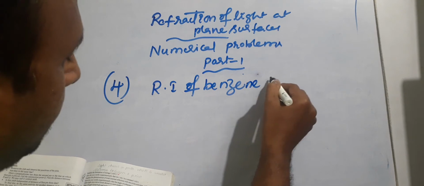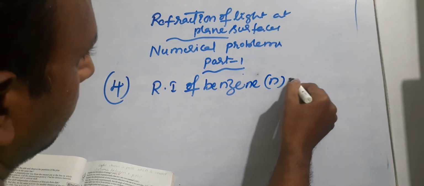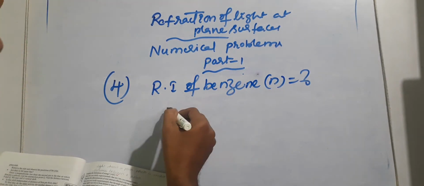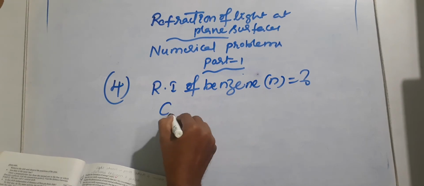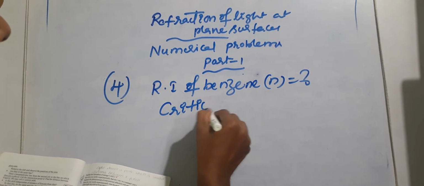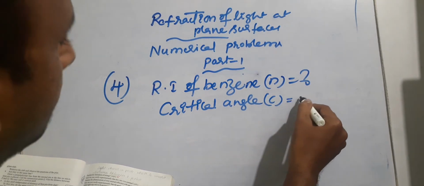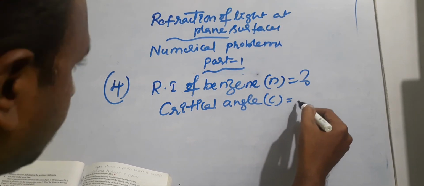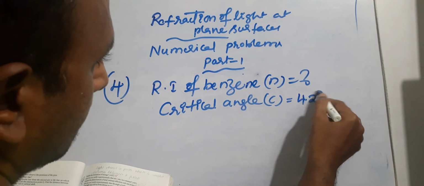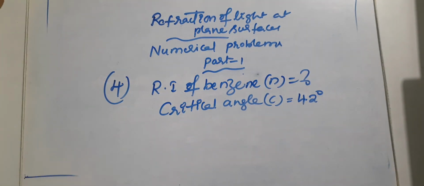We want to find n, which is the question mark, if the critical angle C in this medium is 42 degrees.